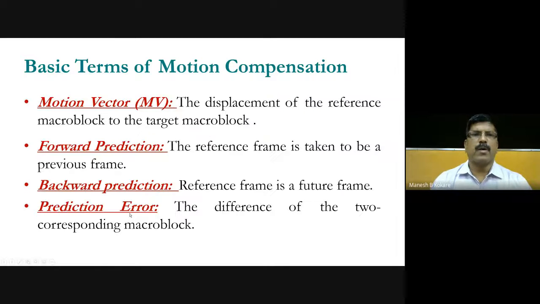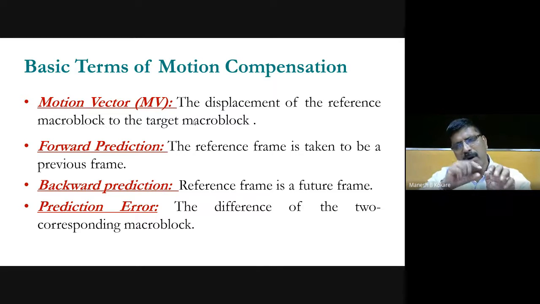Now, another basic term used for finding motion is the motion vector. So what is meant by motion vector? It is the displacement of the reference macro block to the target macro block. For example, an object was here in a target macro block, and it has moved in the next block to some other macro block.